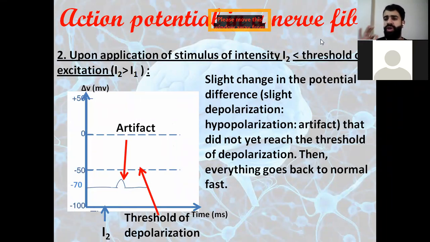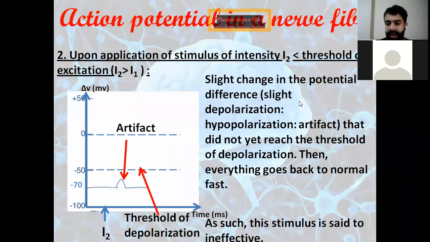So the first important note you have to know is that this potential difference should reach the threshold of depolarization. If it doesn't reach the threshold, there is no change. So here you have to say that there is no change in the potential difference. As such, the stimulus is said to be ineffective also.